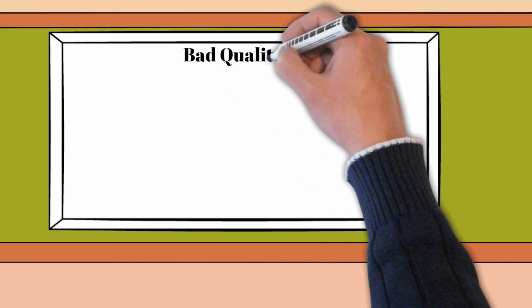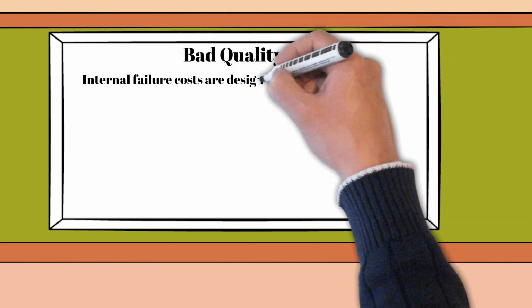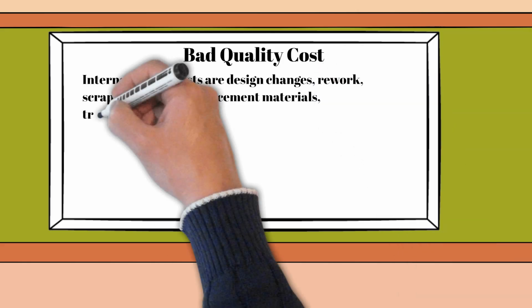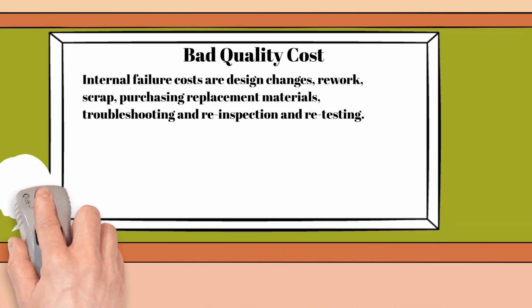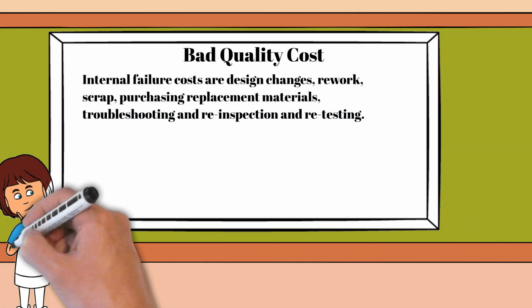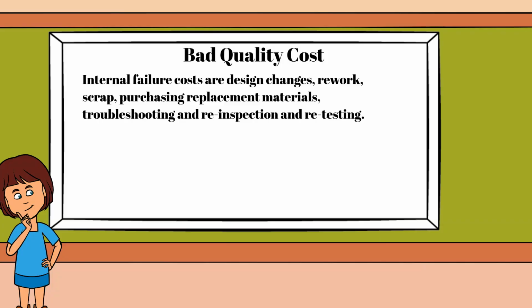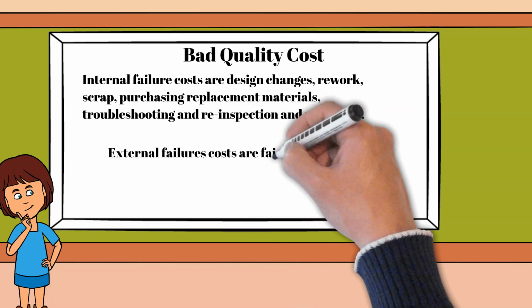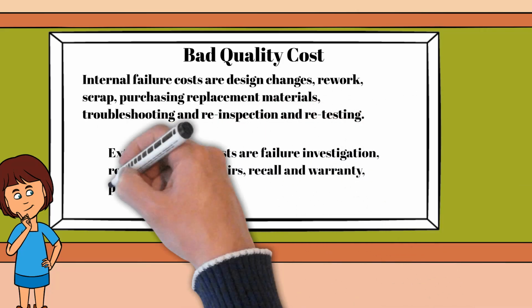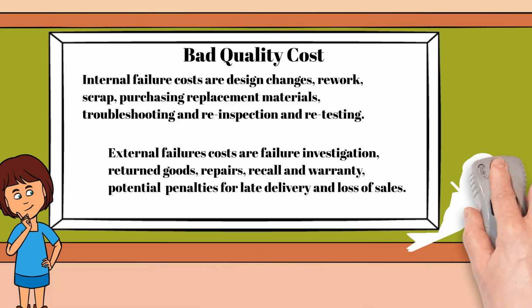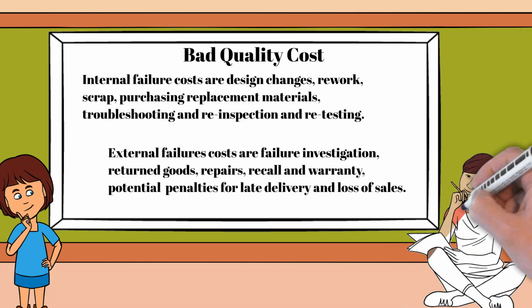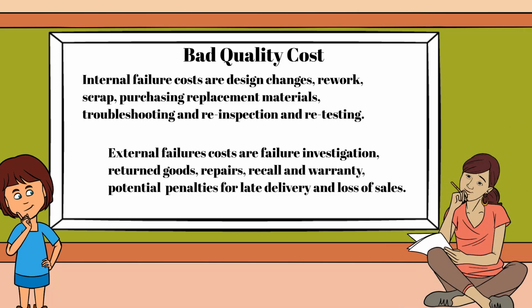Examples of bad quality costs: internal failure cost and design changes, rework, scrap, purchasing replacement materials, troubleshooting and reinspection and retesting. External failure costs are failure investigations, returned goods, repairs, recalls and warranty, potential penalties for late delivery, and loss of sales.